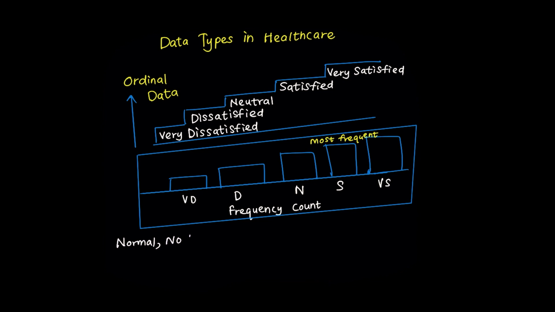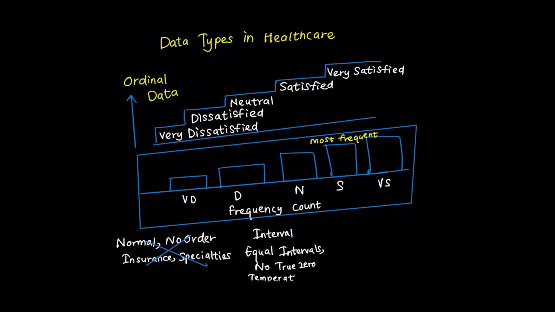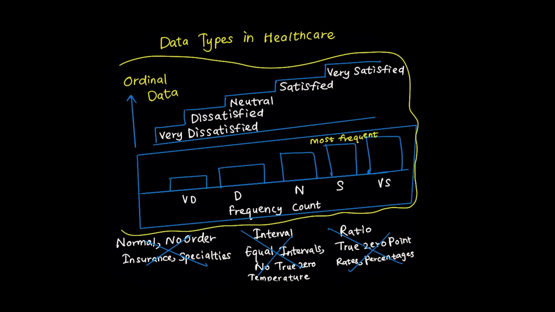Nominal data would just be categories with no order, like types of insurance or medical specialties, so that doesn't fit here. Interval data requires equal intervals with no true 0, like temperature scales, which isn't how satisfaction surveys work. And ratio data needs a true 0 point, like infection rates or percentages, which doesn't apply to ranked satisfaction responses either.